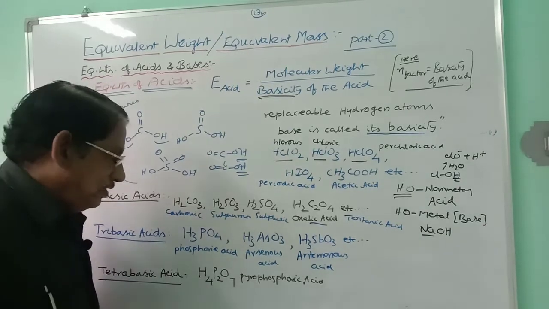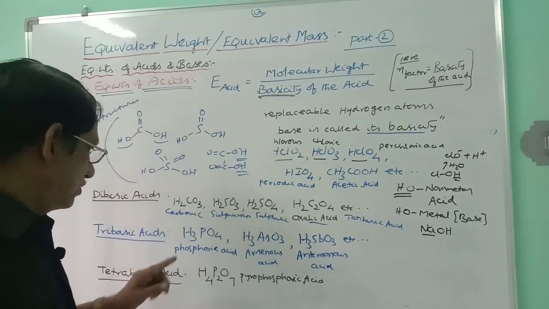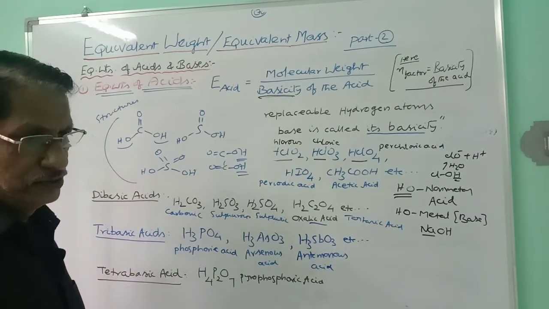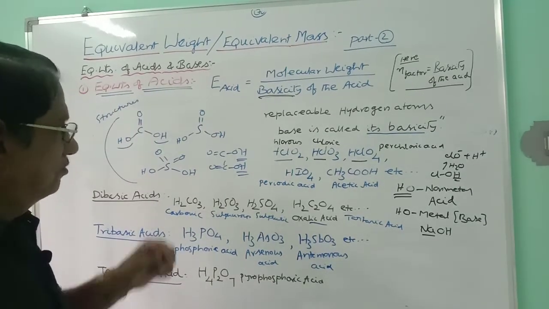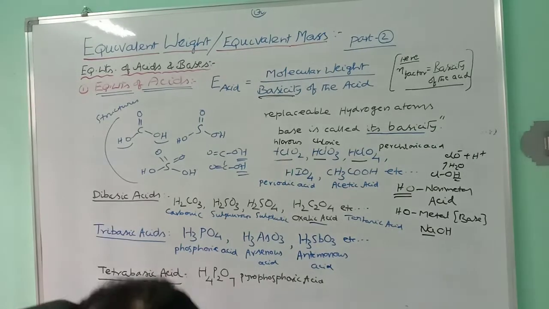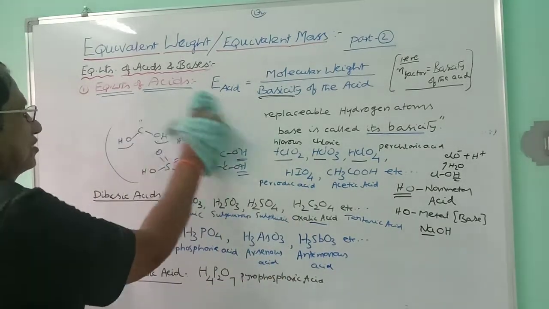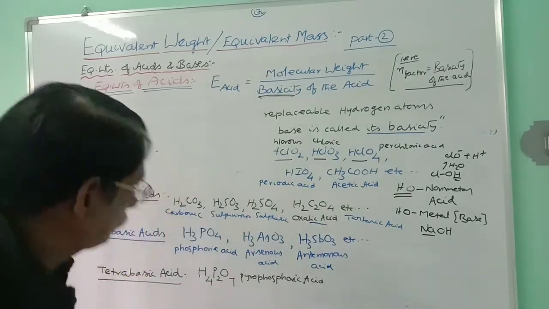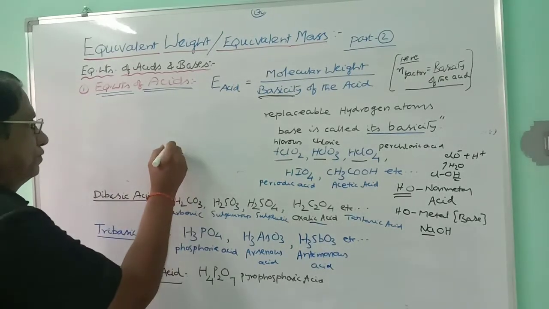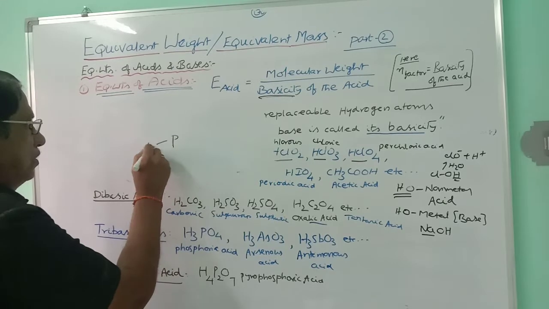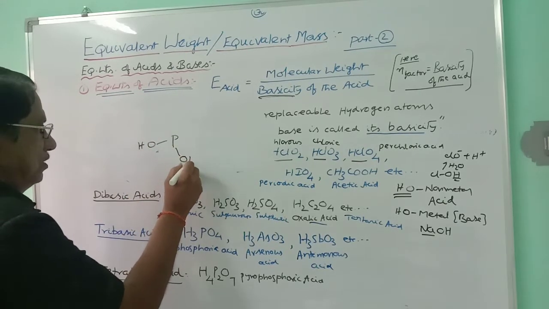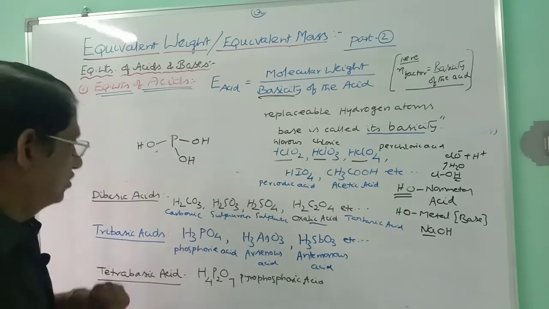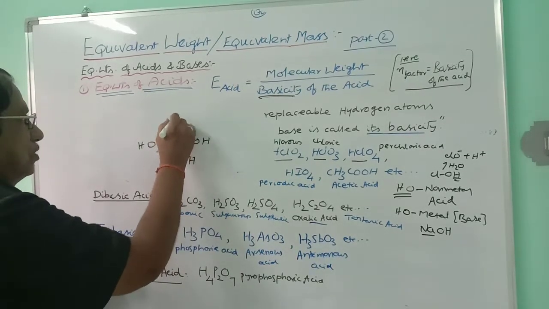If you want to represent the structure of a tribasic acid, all 3 hydrogens attached to phosphorus will be through oxygens, and that is why it is a tribasic acid. For example, we can write the structure like this. Phosphorus, 1 OH, second OH, third OH, and one more oxygen remains, which is connected to phosphorus through a double bond.